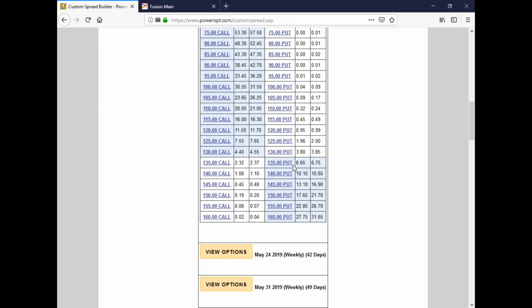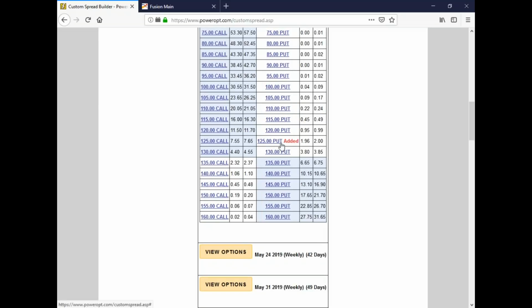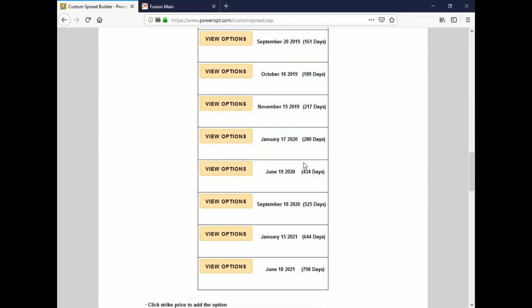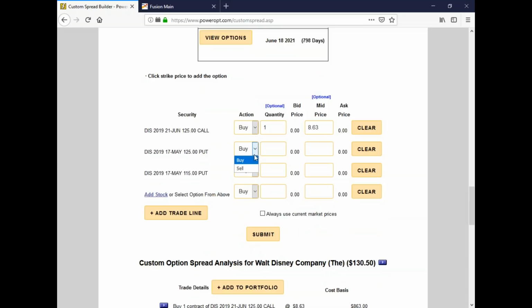Now, I'm bullish on Disney. So let me sell a 125 put for about $1.98. I'm going to buy the 115 at about 50 cents. Let's call it $2.50. Instead of just selling the put, we're going to enter a bull put credit spread. Sell one contract and buy one. And I'm just going to put in the price here, $2 and then 50 cents.